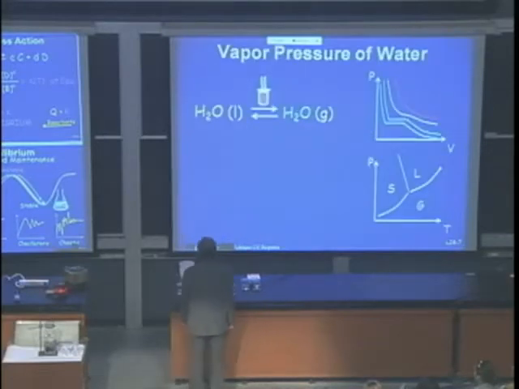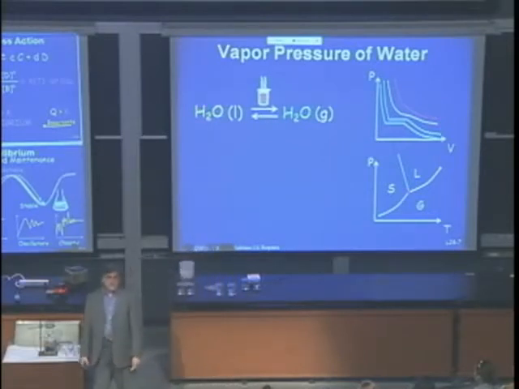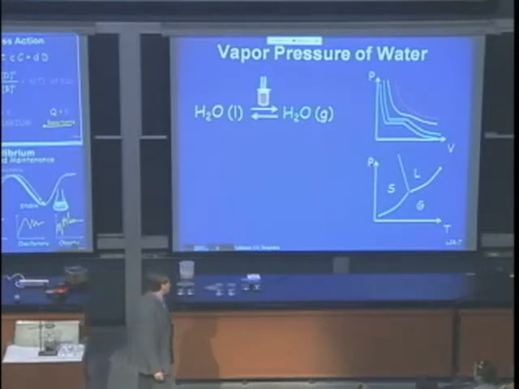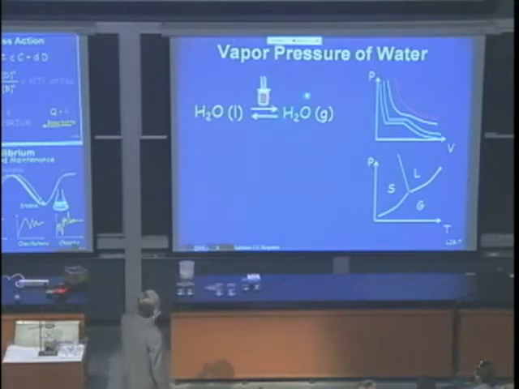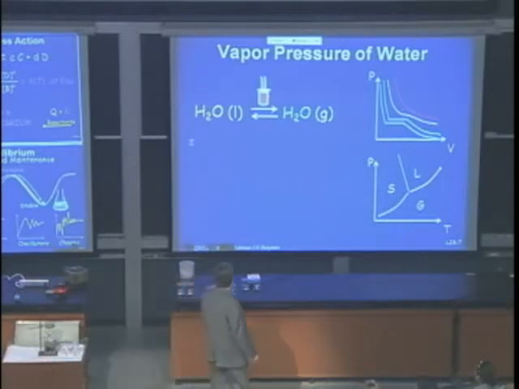So let's look at an equilibrium example. We have water boiling. Water boils at 100 degrees Celsius, or 373.15 Kelvin. And so the liquid is in equilibrium with the gas phase. So let's write the quotient.